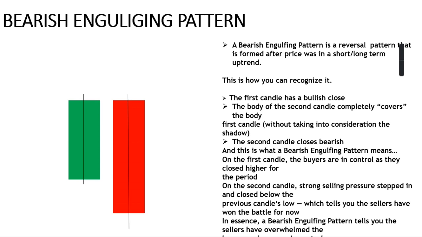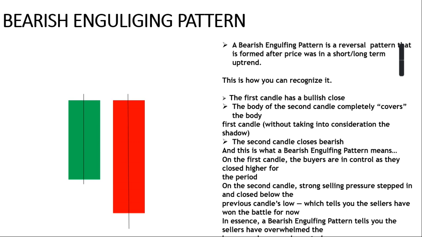Okay, so just like we've said, this is a sign of bearish pressure. It shows that the sellers have stepped in and closed below the first candle. For now, the sellers have won the battle, but for now, okay?